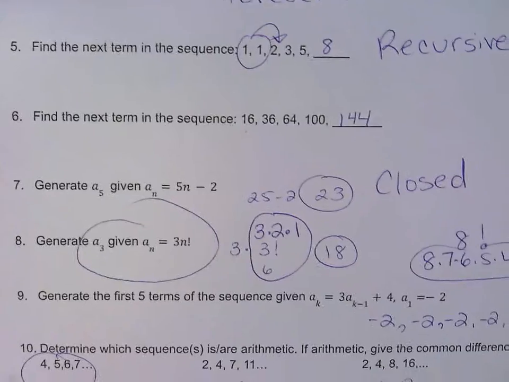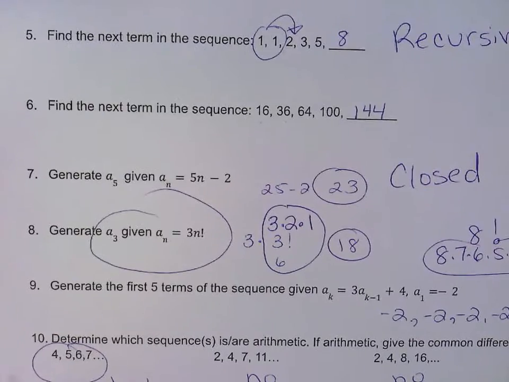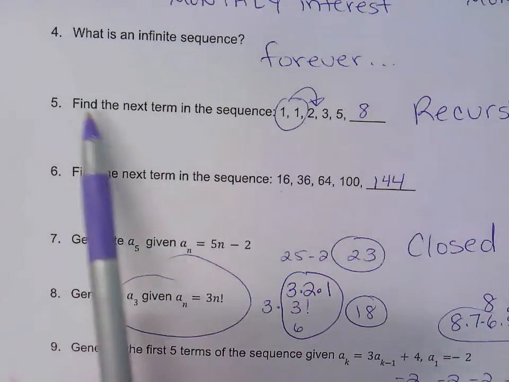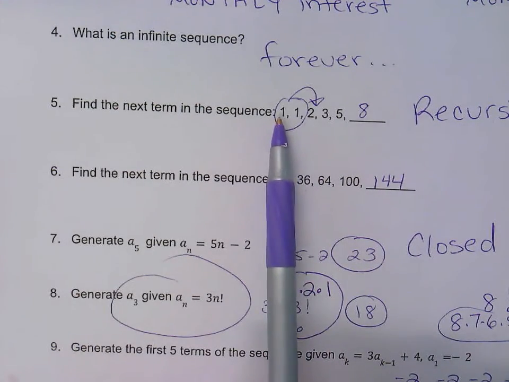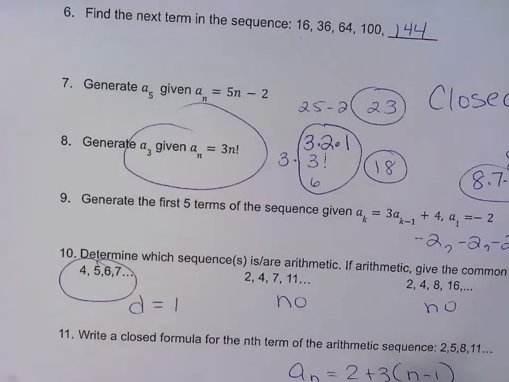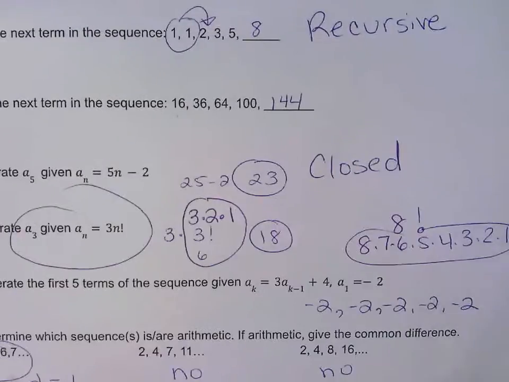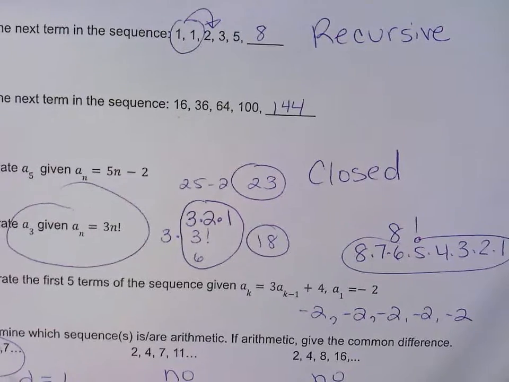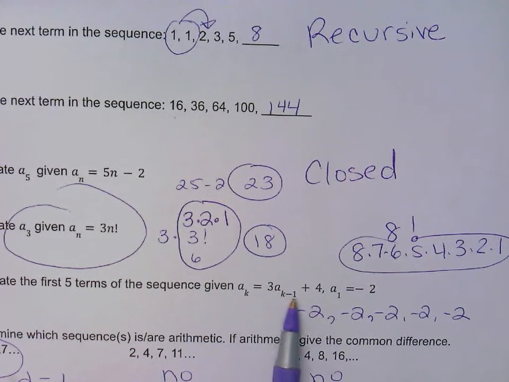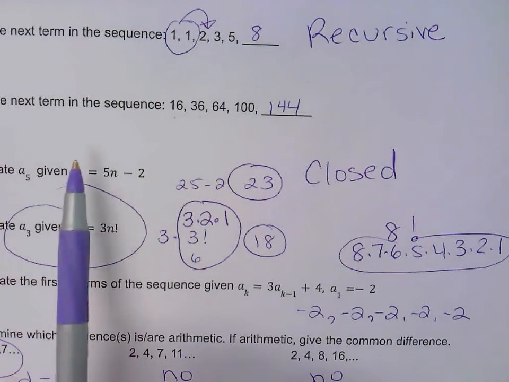Number 9, this is a recursive function, just like number 5 is recursive. They wanted me to take the 2 previous terms, add them together to get the next term. So recursive, for those of you that haven't been here, is going to be a little bit confusing, but a sub k and a sub k minus 1 is different notation than up here.